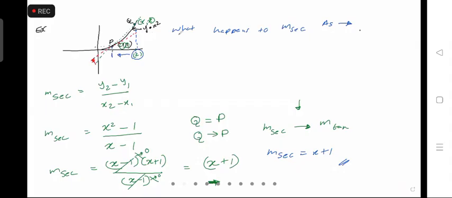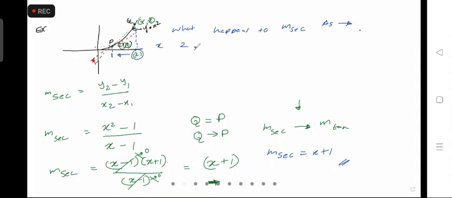Right? So let's see how to do this. You can start from the point 2. Sorry, here 2 is the x value, right?